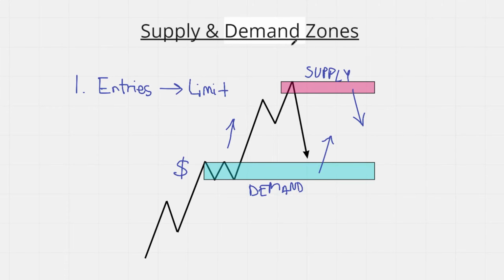And supply and demand zones are not just used for entries, they can also be used for take profit points. And that's because, let's say you're someone who's a buyer where you bought an asset at a low price, so maybe you entered over here before the rally, well, you obviously want to close your trade at the most expensive price so that way you can make the most amount of profit.